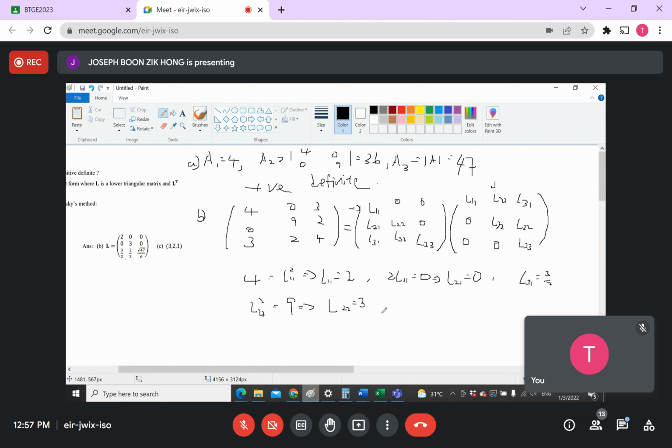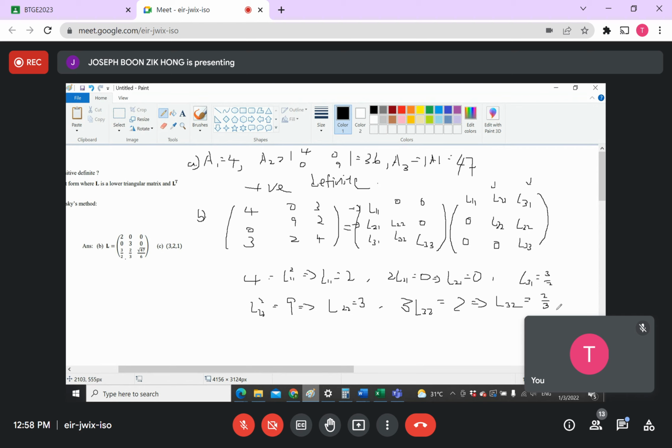Okay, now I have L22 already. I want to find the L32. So second row, third column: L21 times L31, so 0, and then L22 times L32, so 3 L32, equal to 2. So that means my L32 will be 2 over 3.